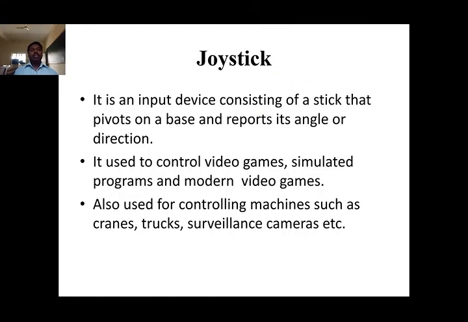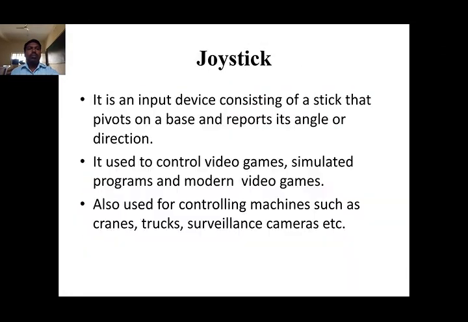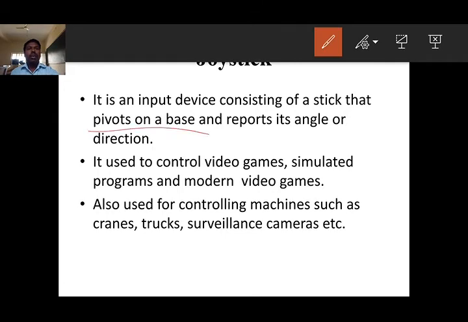Next, joystick. Dear students, it is an input device, consisting of a stick that is pivoted on the base and reports its angles and direction. So what is a joystick? It consists of a stick.